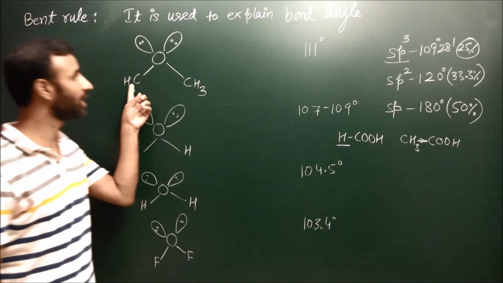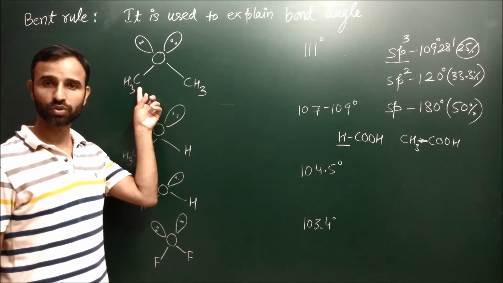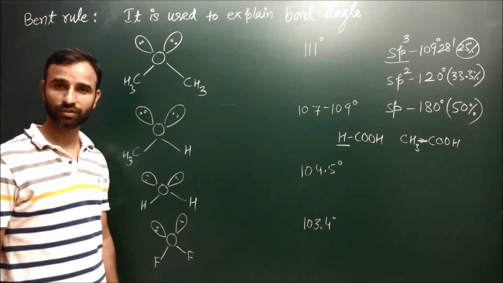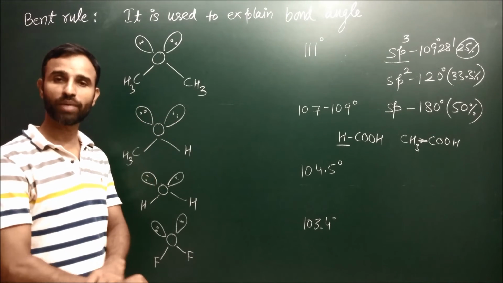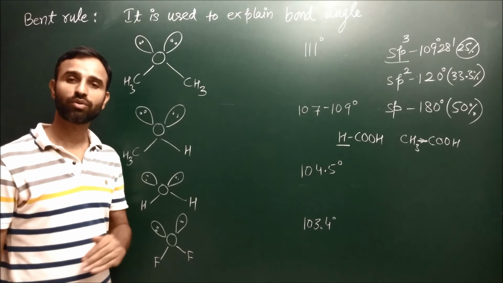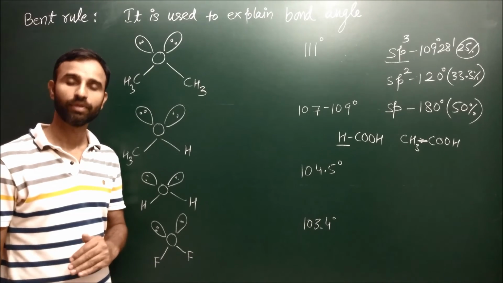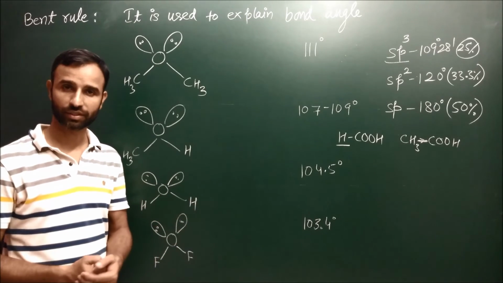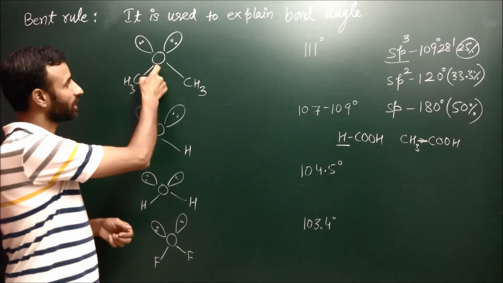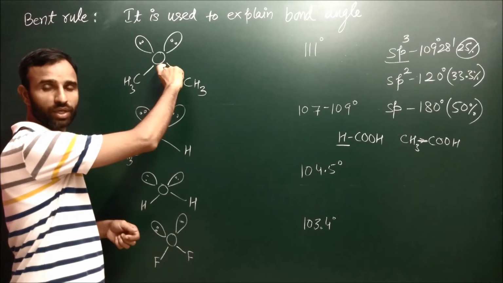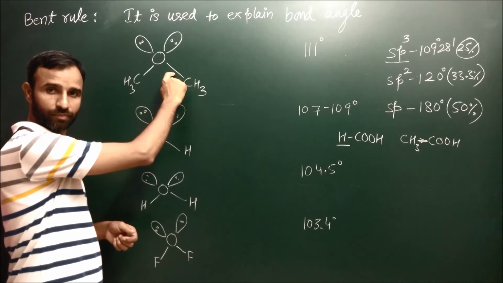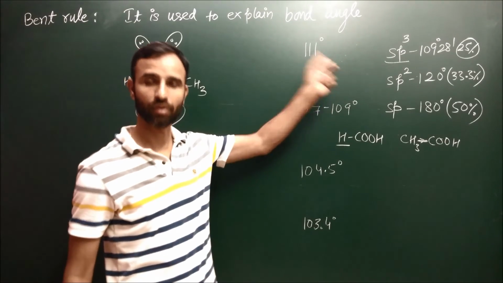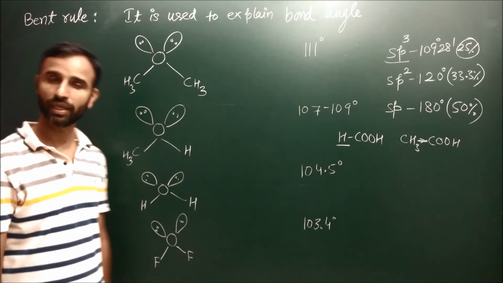So as methyl is less electronegative, its orbital has more S character. According to the statement of Bent's rule, a less electronegative atom prefers orbitals having more S character. So the S character of these bonding orbitals is more, and that's why the bond angle is on the higher side, 111 degree.